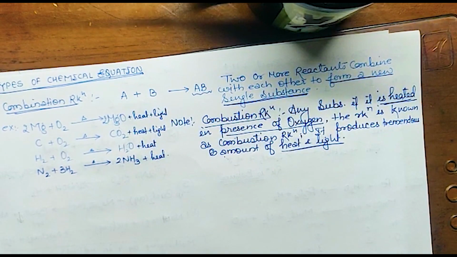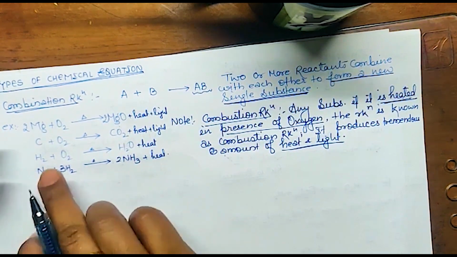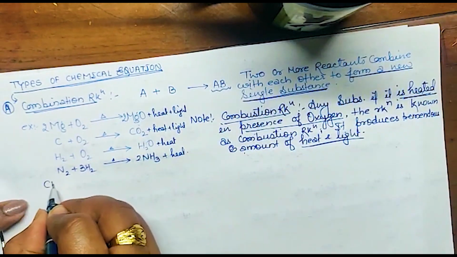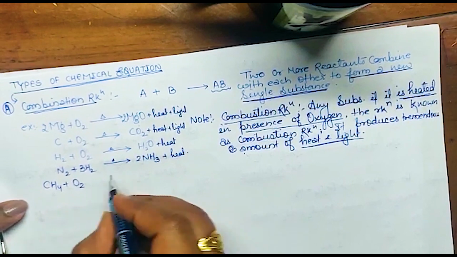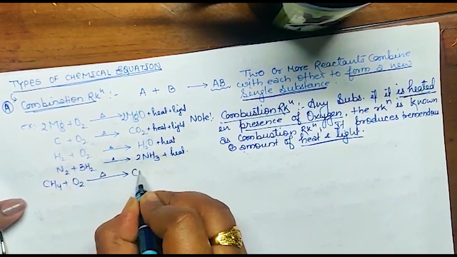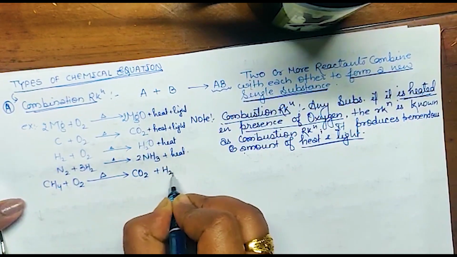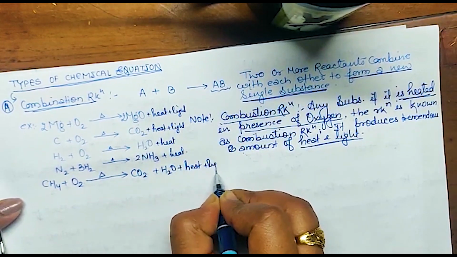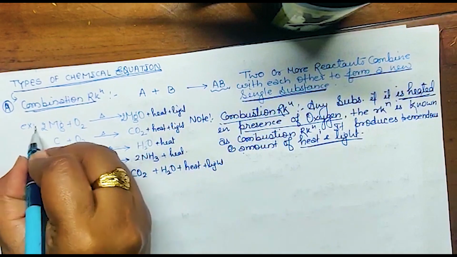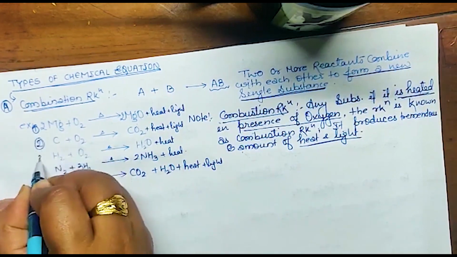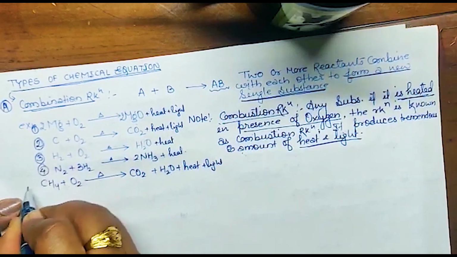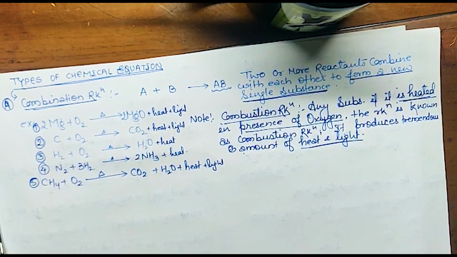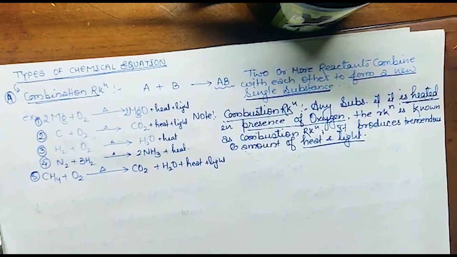Out of this, and one more equation, let me write CH4 plus O2, when it is heated, it will give you CO2 plus water, heat and light. So this is equation 1, equation 2, equation 3, equation 4 and equation 5. I just want to ask, out of these 5, which are the combination reactions?